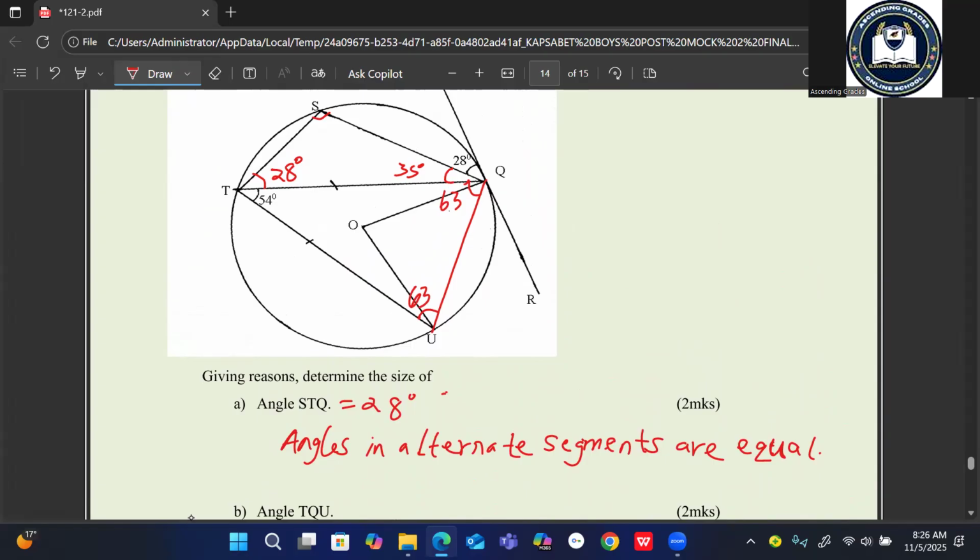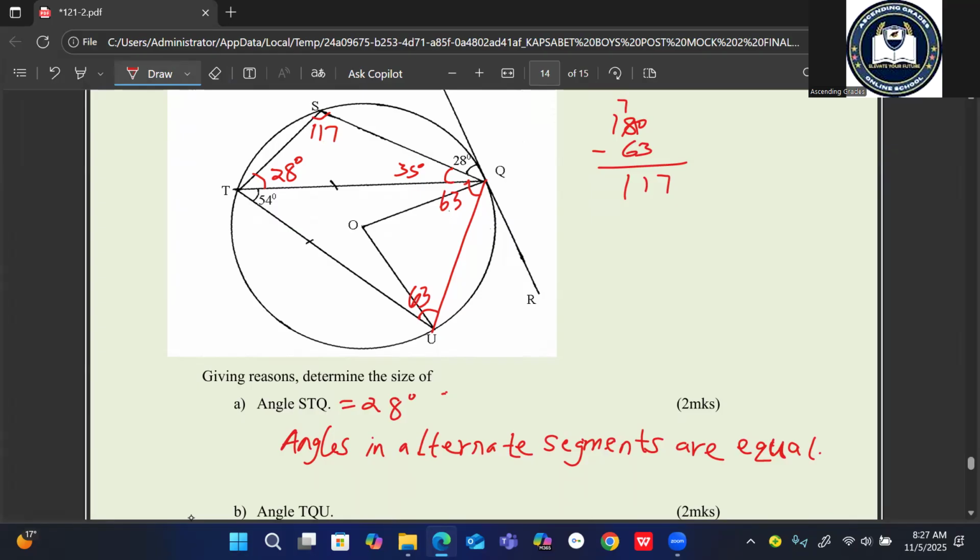So here we have 180 minus 63, which gives 117.